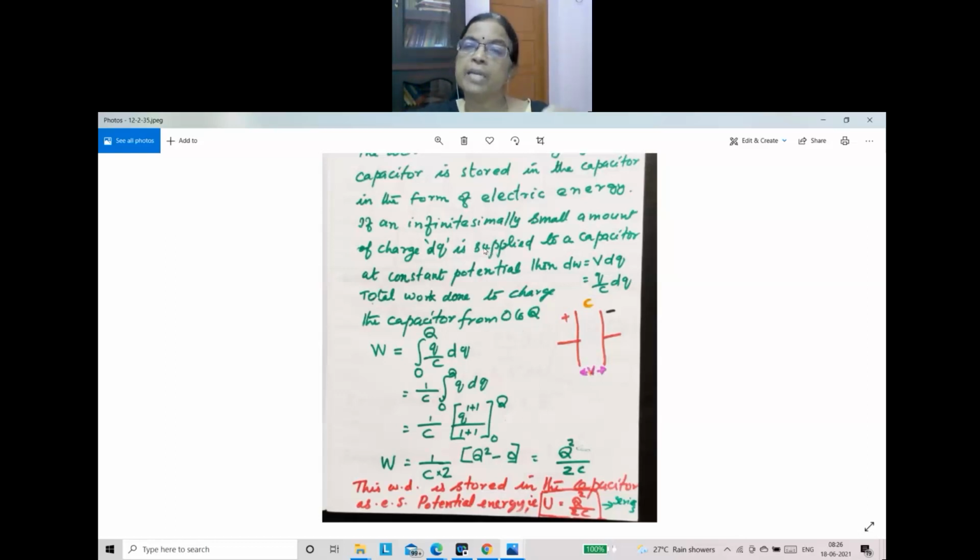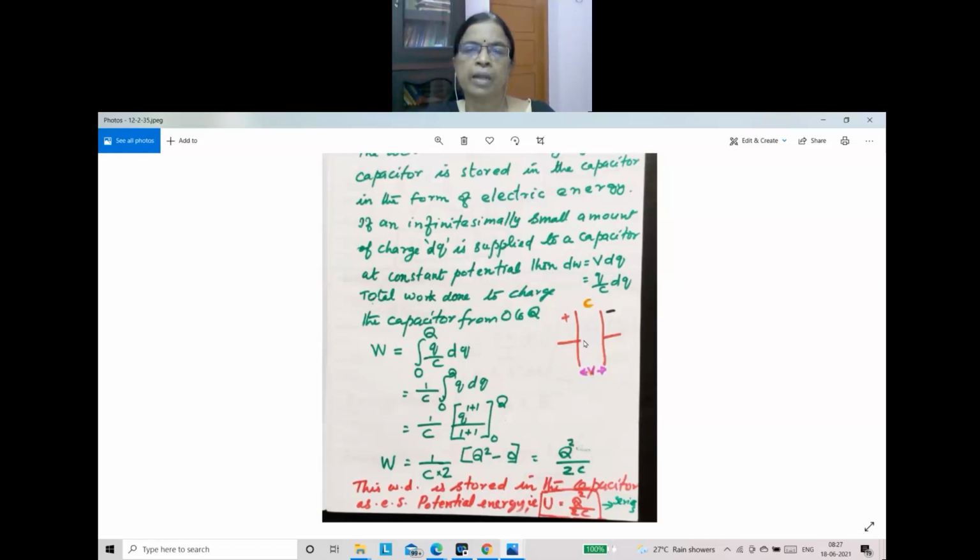So we take an infinitesimally small amount of charge dq supplied to the capacitor at a constant potential V. At potential V we give a very small charge, which does not increase its potential at that time.